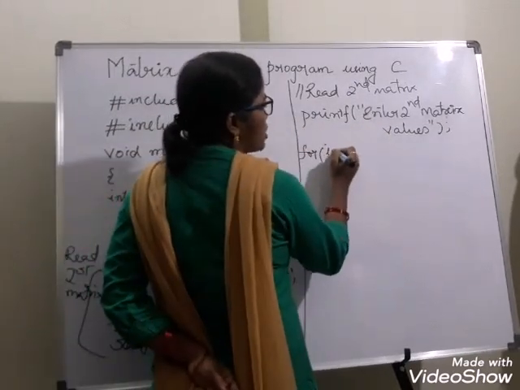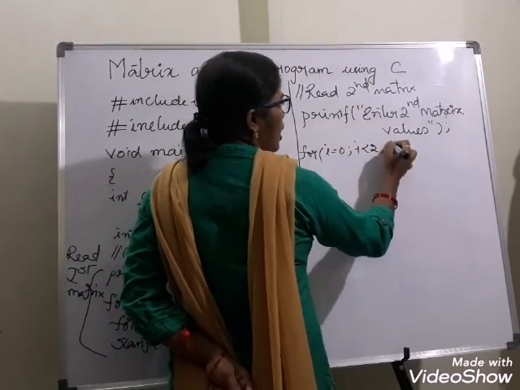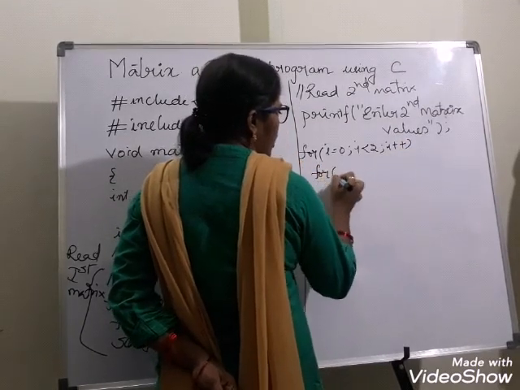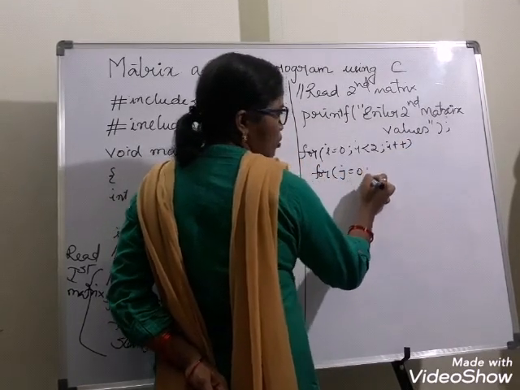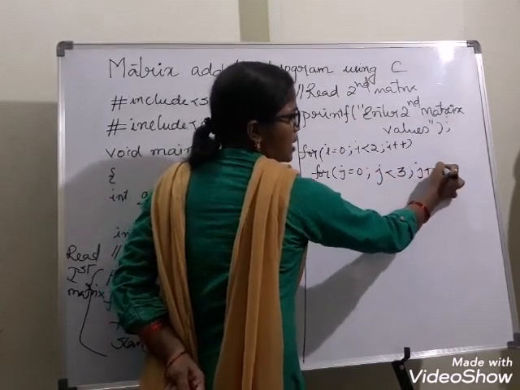So for i equals 0, i less than 2, i plus plus, then again for j equals 0, j less than 3, j plus plus.